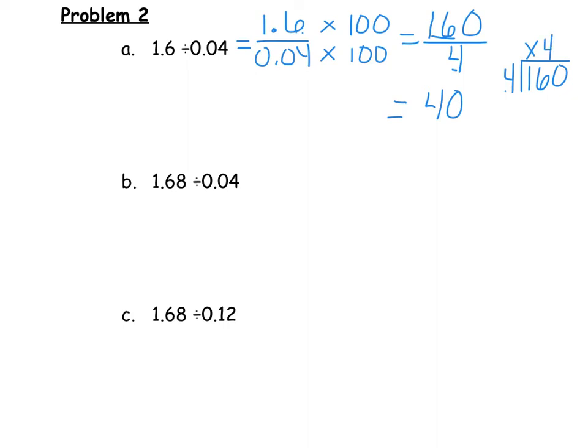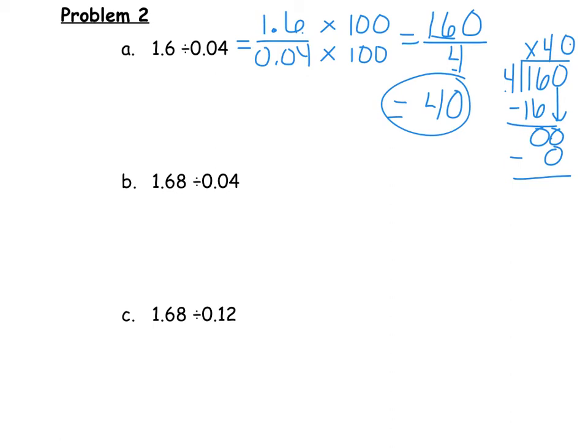That's 4. 4 times 4, 16. Subtract, bring down. 0 divided by 4 is 0. 0 times 4 is 0. So 40. So I figure out what I multiply by looking at my decimal place value. What is the smallest place value that that number is in? My divisor.